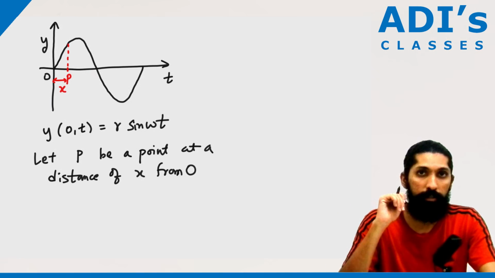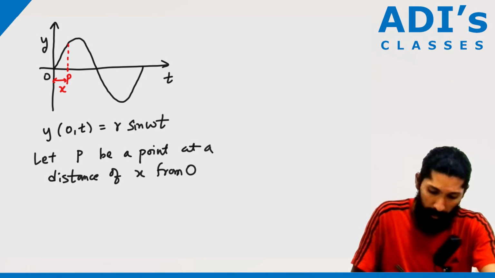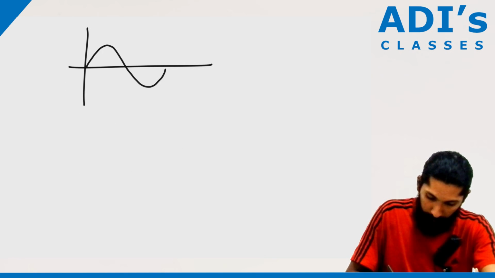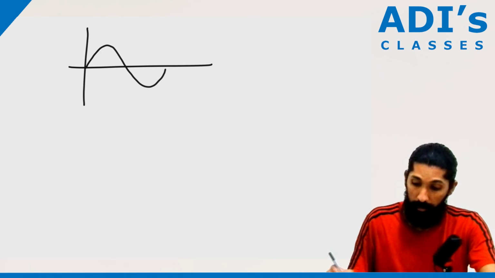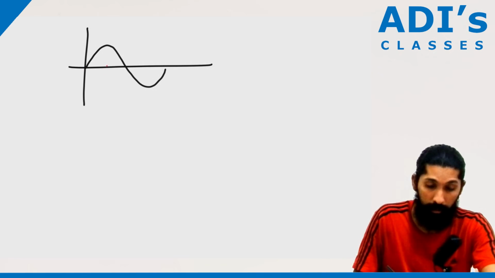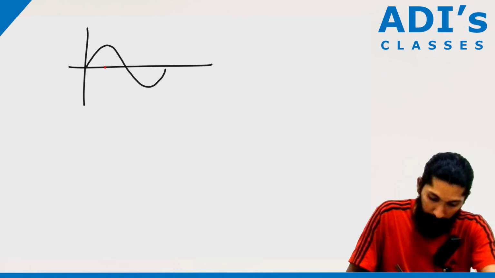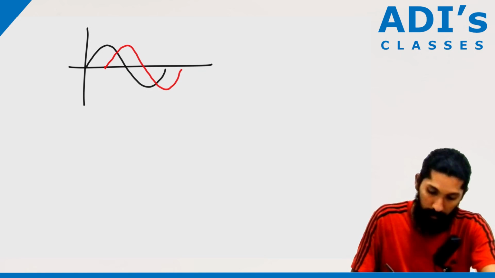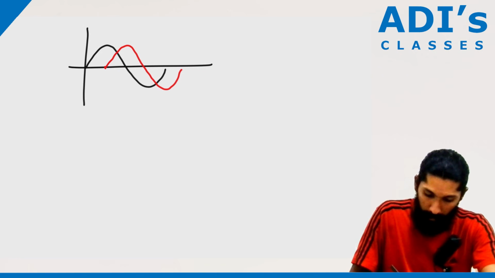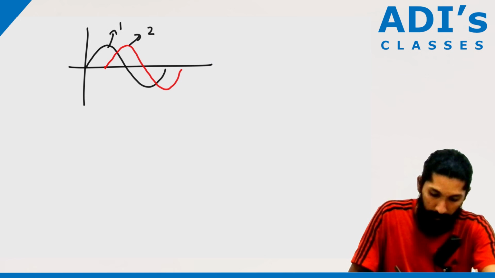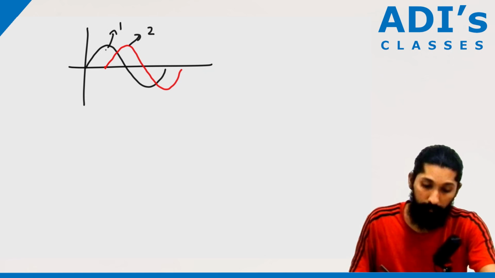Suppose you have one wave, let's say I write the first wave like this. Let's say I have another wave that, instead of starting from the origin, started from here, and the wave goes like this. Look at the first wave and the second wave, correct?